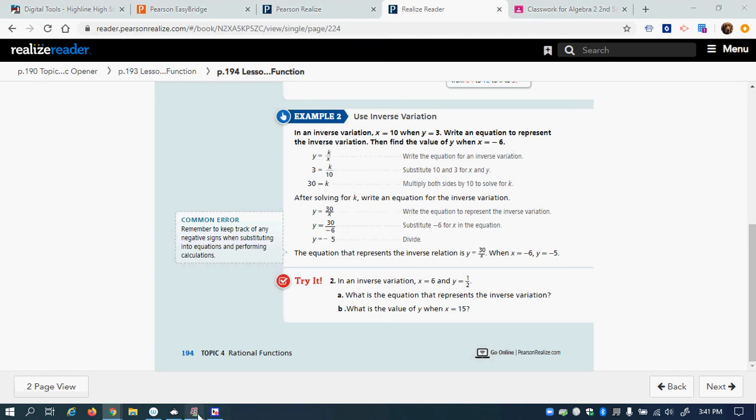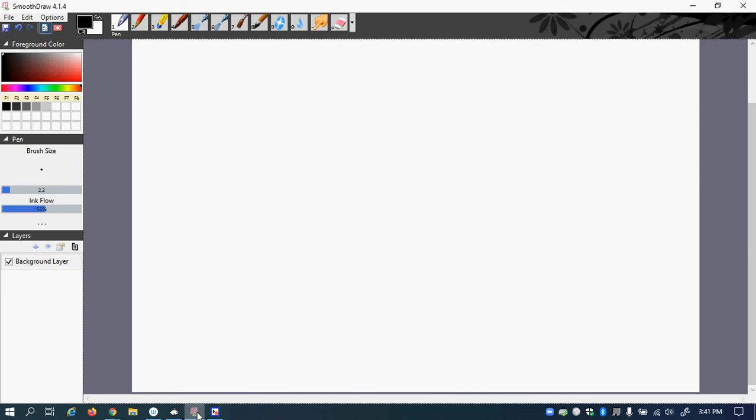So let's go to my pad, and I'll write on here, again, this is example 2. The equation is y equals k over x. They're saying that x is going to be 10 and y is going to be 3.